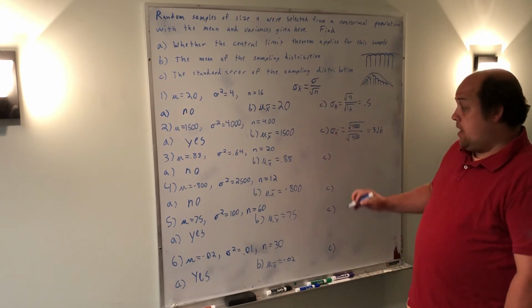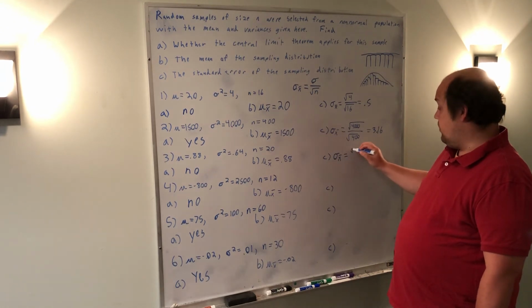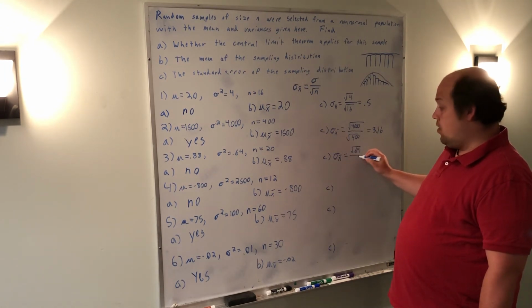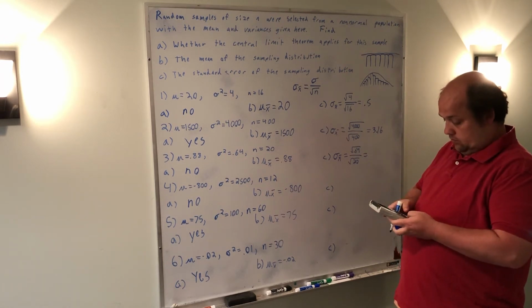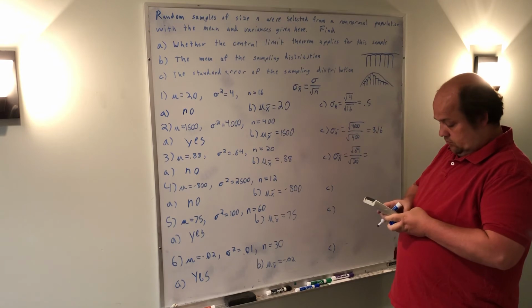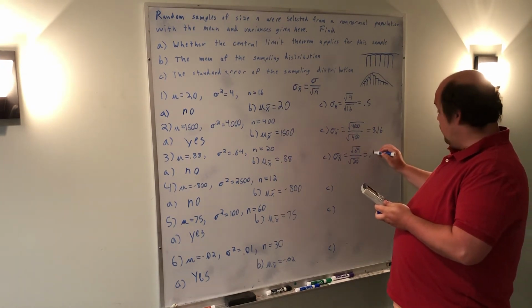For number 3, sigma sub x bar equals the root of 0.64 over the root of 20. I get that to be 0.18.